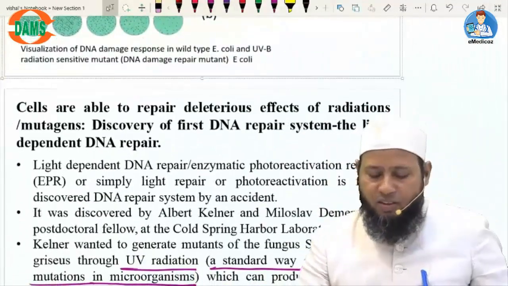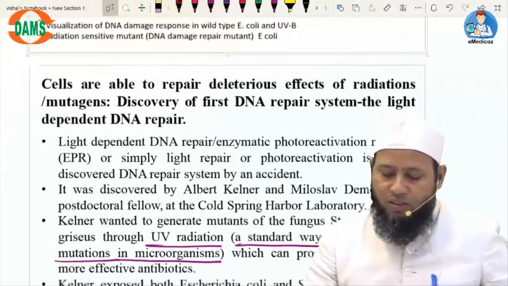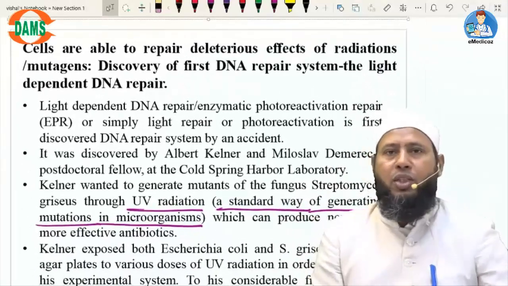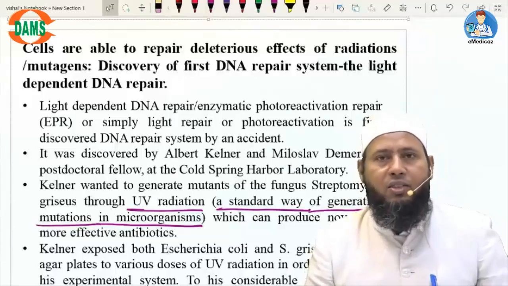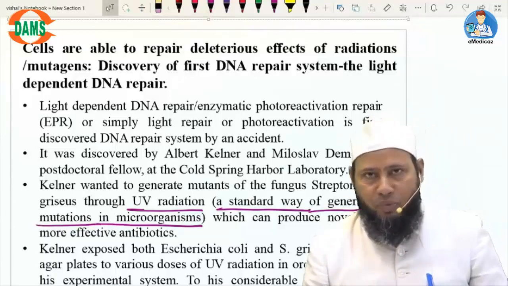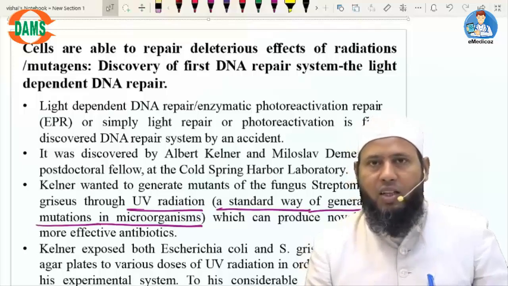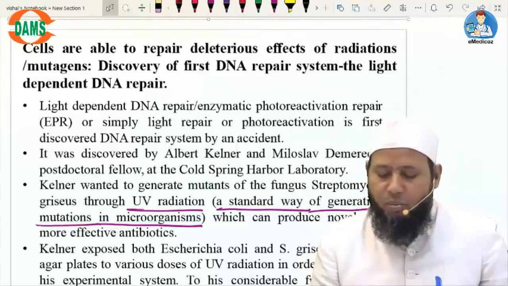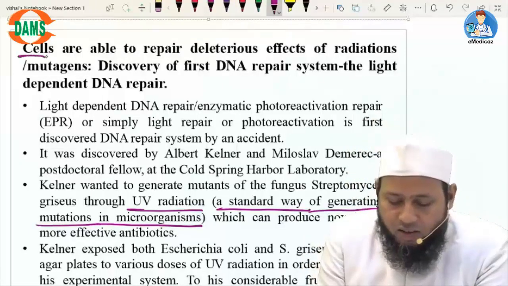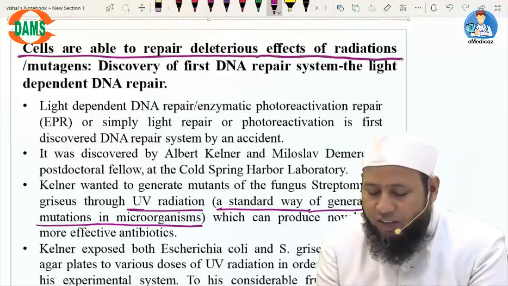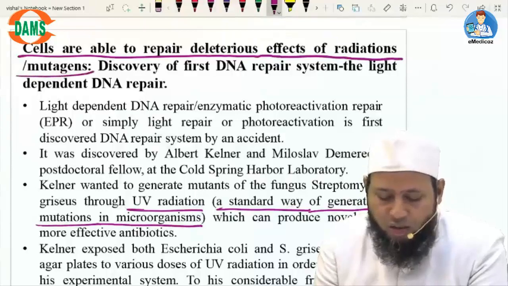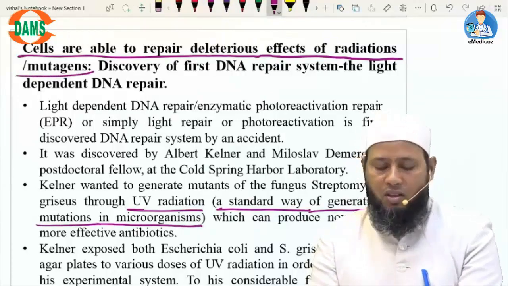Now after these exercises, while the scientists were doing so many things, they accidentally discovered something: that the cells are able to repair the deleterious effects of radiations or mutagens.